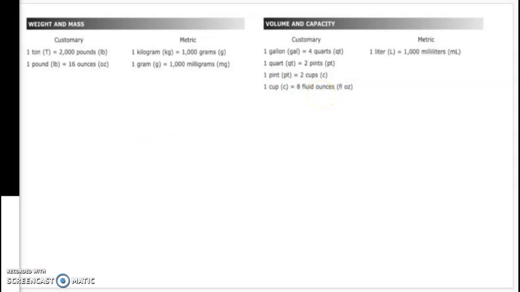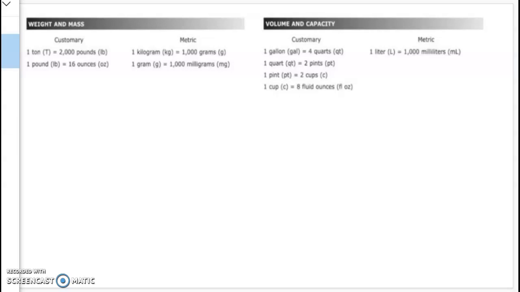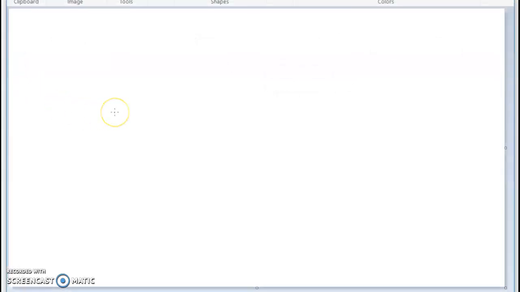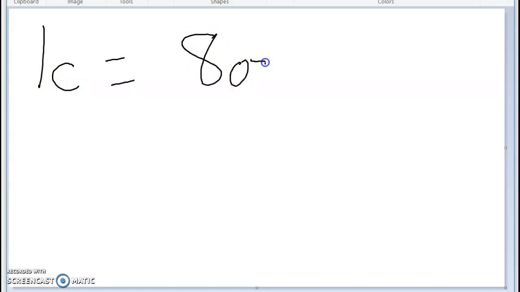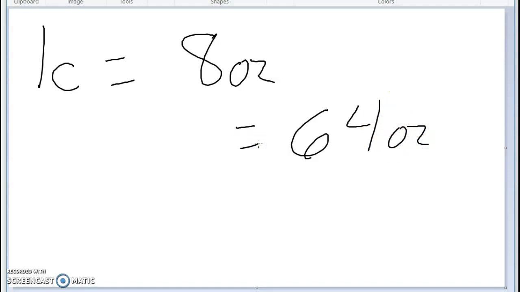I'm going to get the paint back up here. So 1 cup equals 8 ounces. Let's say we have 64 ounces. How many cups would I have? You can do this two ways.